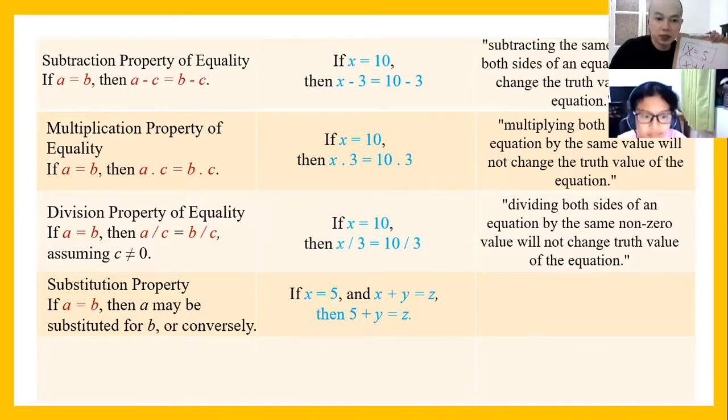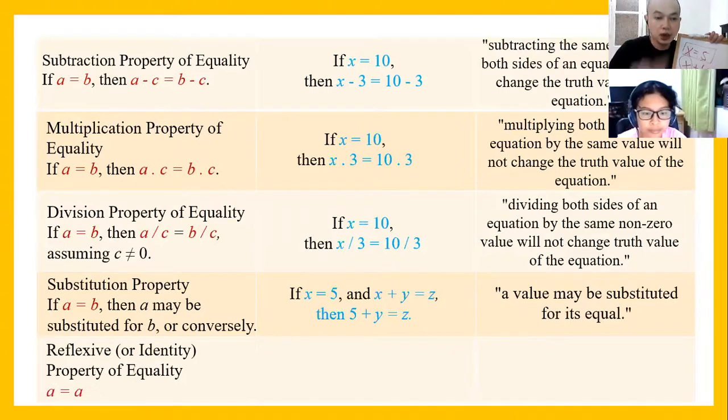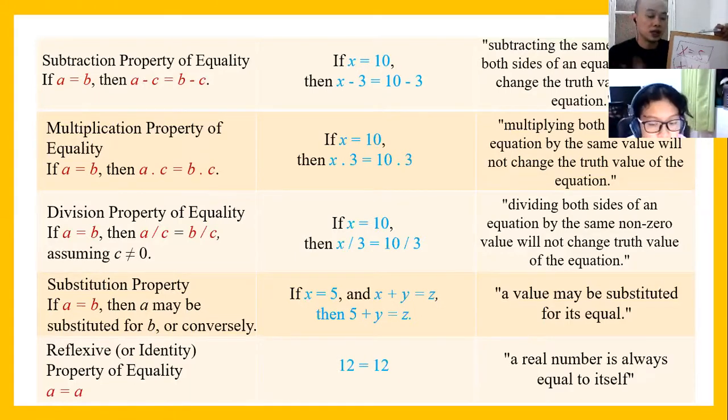I think we have one more property in this part. Okay, now what is reflexive? This is very easy. Reflexive or identity property of equality. This is very self-explanatory. It means that a real number is always equal to itself. Okay, 1 is equal to 1, 2 is equal to 2, 1,000 is equal to 1,000. 1,000 is not equal to 100. It's equal to itself.